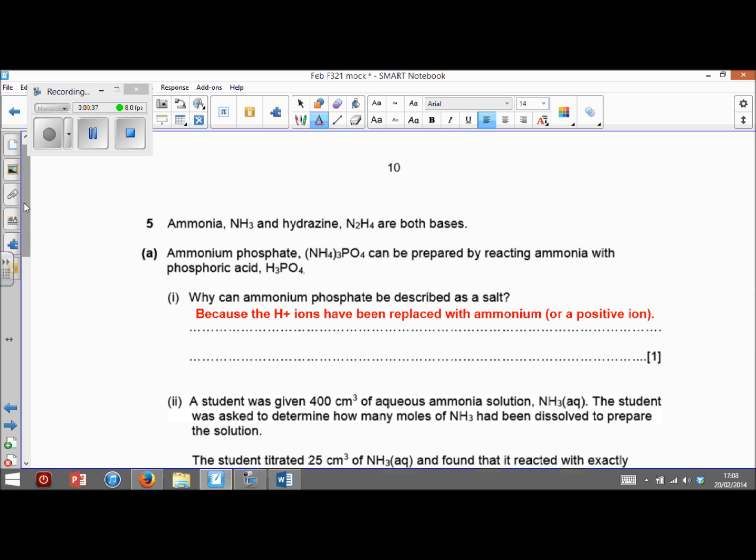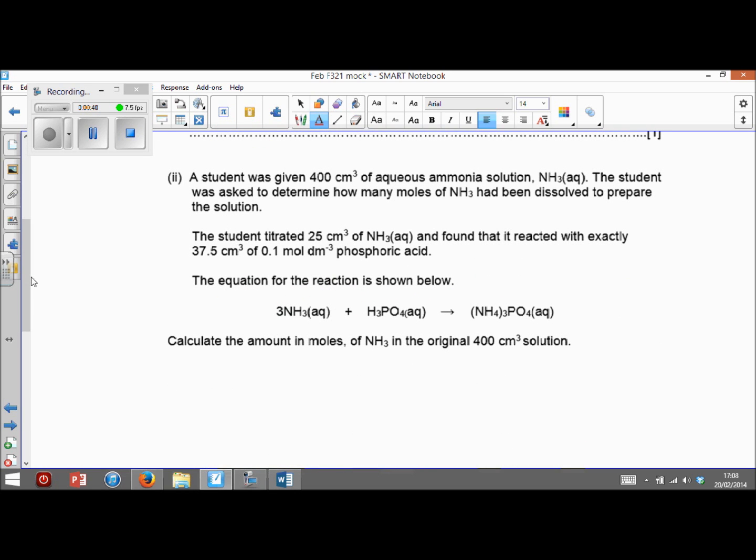For part 2, the student was given 400 centimetre cubed of aqueous ammonia solution. The student was asked to determine how many moles of ammonia was dissolved to prepare the solution. The student titrated 25 centimetre cubed of ammonia and found that it reacted with exactly 37.5 centimetre cubed of 0.1 mole per decimetre cubed phosphoric acid.